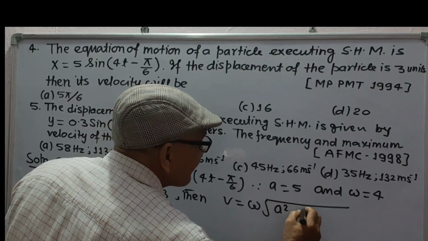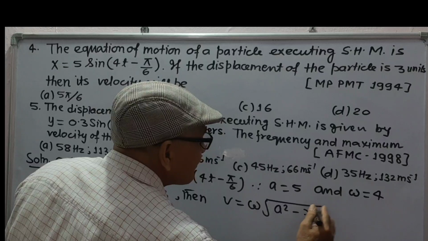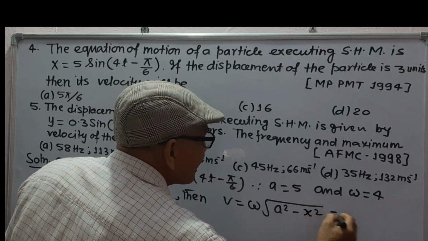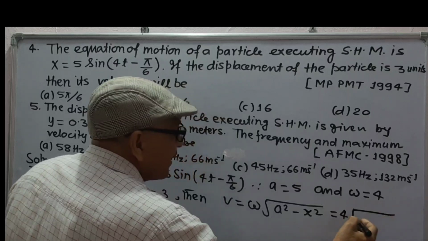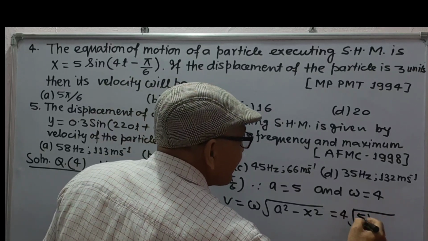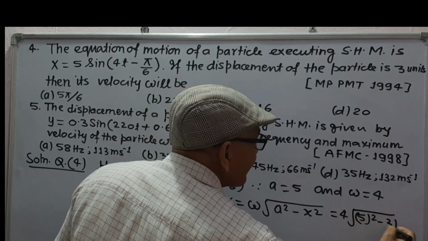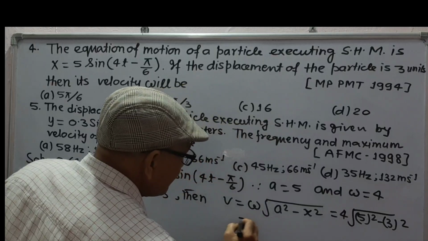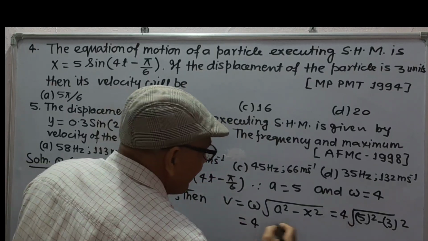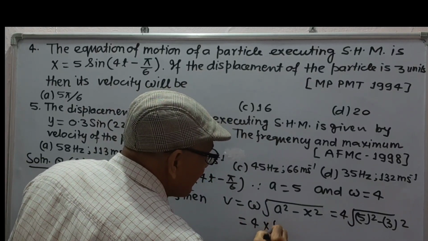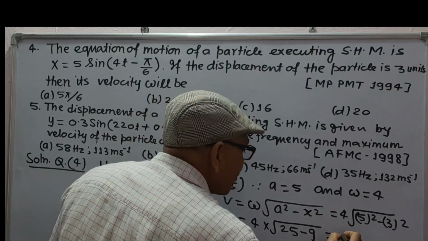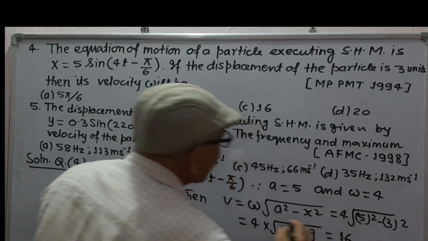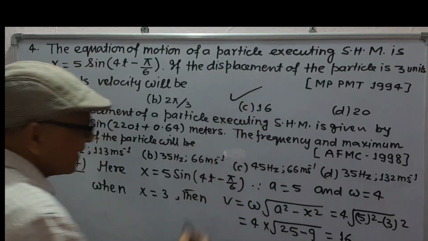Here omega is 4 and a is 5, so it is 4 into square root of 5 square minus 3 square, which is 4 into square root of 25 minus 9, that is 4 into 4, which means 16. So the correct option will be C.